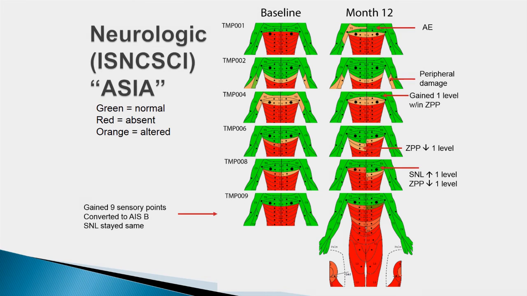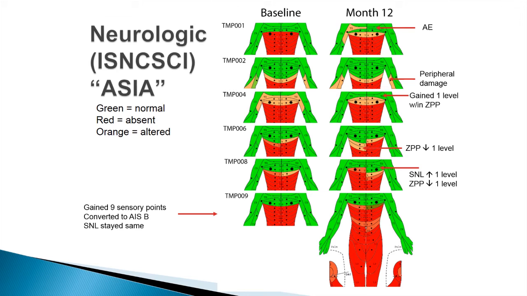And then the final transplanted individual is the one that had the most improvement. This individual gained 9 sensory points, and he converted to an AISB at 6 months, and this was persistent at 12 months. So AISB is indicative when you gain sensory function down at the most sacral levels of the cord.